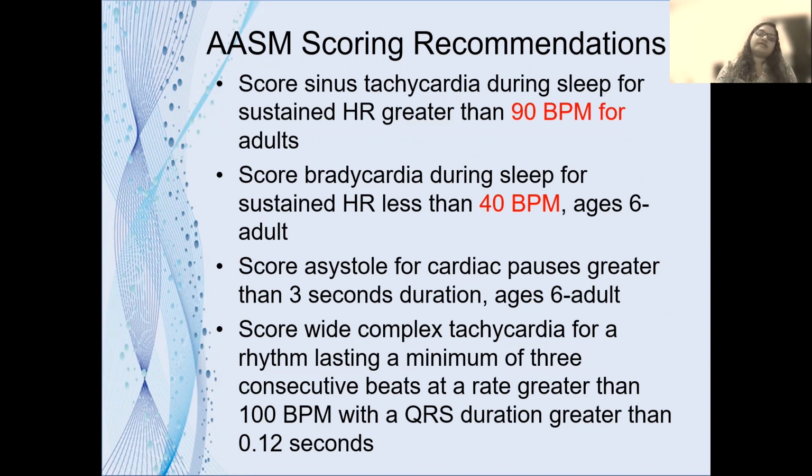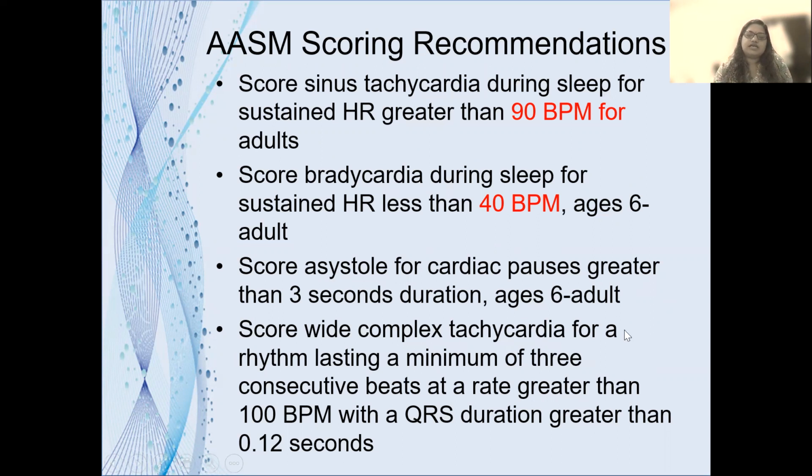When the heart rate is less than 40 beats per minute during sleep. This is applicable for ages from 6 years through adulthood. Asystole is scored for cardiac pauses greater than 3 seconds duration. This is also for the pediatric age of 6 years and older, and for adults.